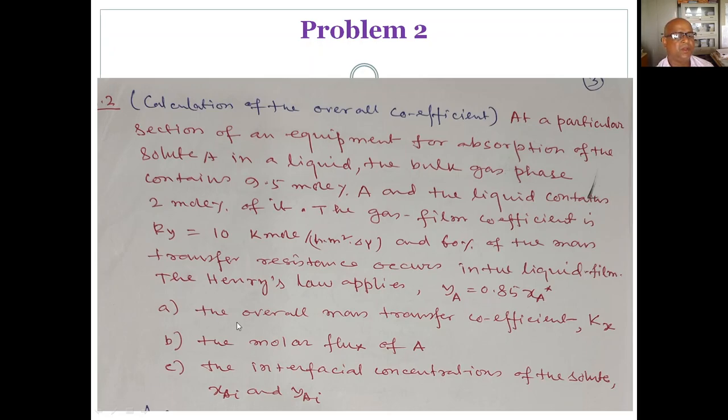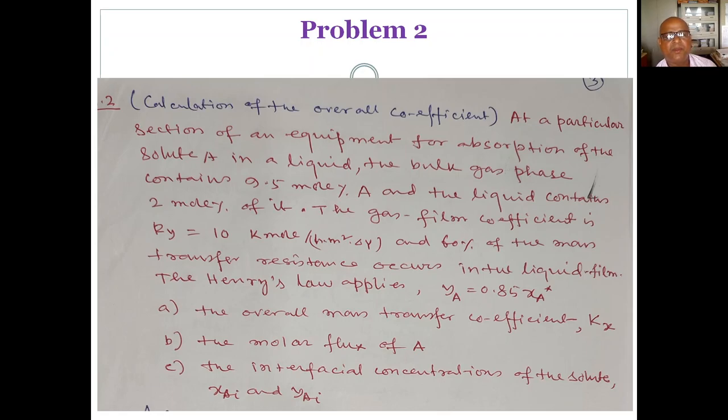So you have to calculate the overall mass transfer coefficient capital Kx, the molar flux of A, and the interfacial concentration of the solute. Keep it in mind, interfacial concentration you cannot determine experimentally, but you can calculate.